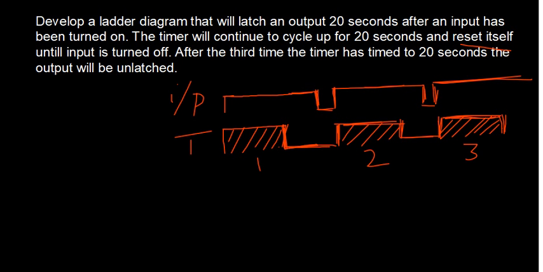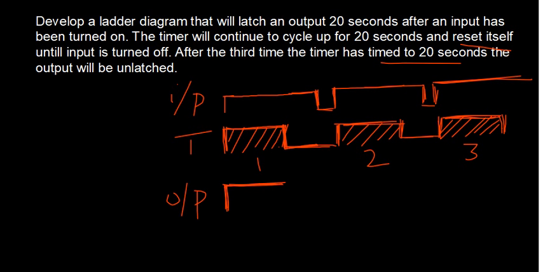The output will turn on. So devise a ladder diagram that will latch 20 seconds after an input has been turned on. So that means your output would latch somewhere here, not here. So the output is zero only here. Your output will become high somewhere here, because your problem statement tells that this is the output.